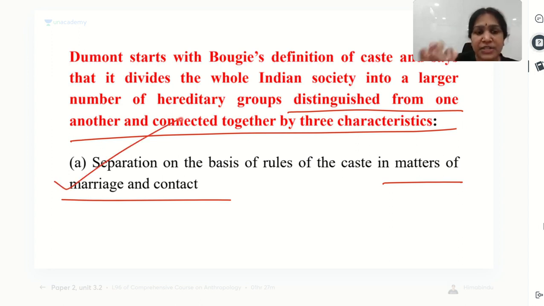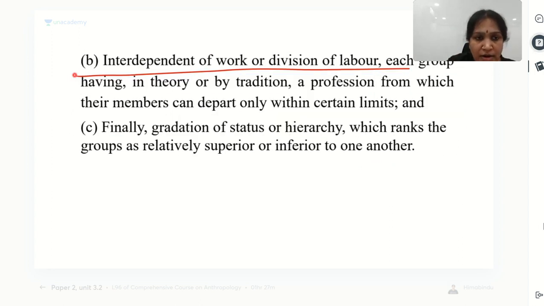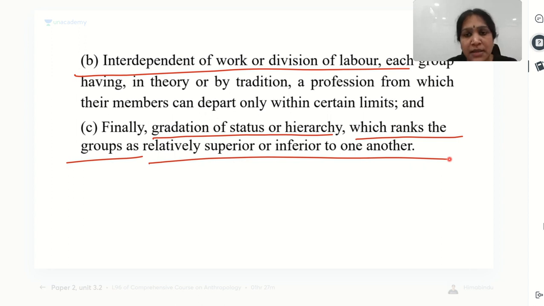First characteristic, separation based on marriage and contact. Second characteristic, interdependence. No caste is independent. Third one, gradation of status or hierarchy, which ranks the groups as relatively superior or inferior to the other. Every caste is either inferior or superior to the other. These are the common points among all the castes.